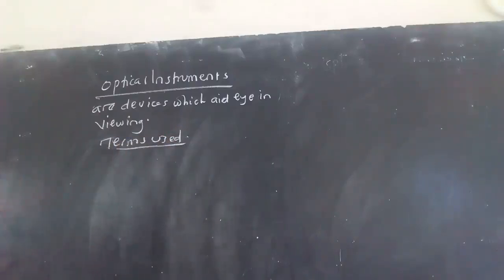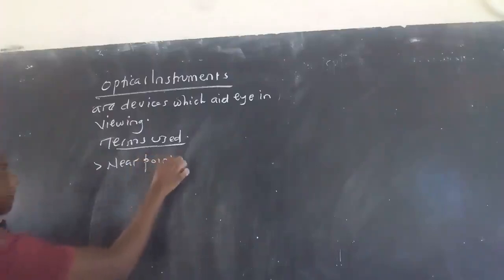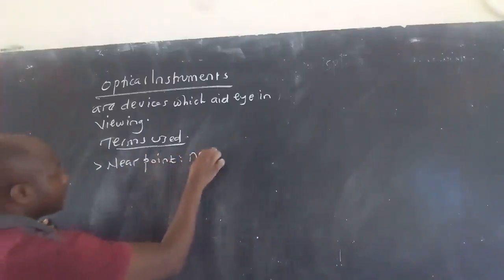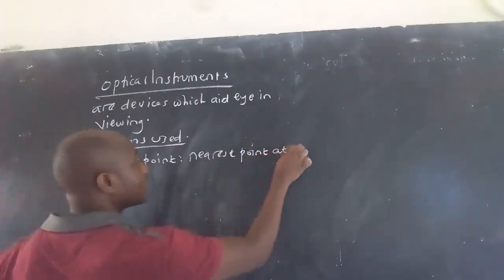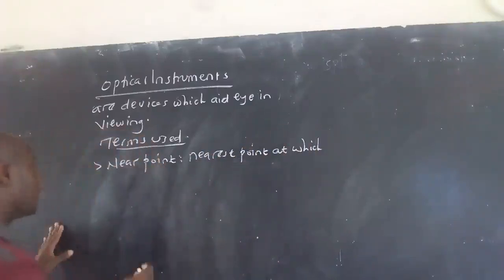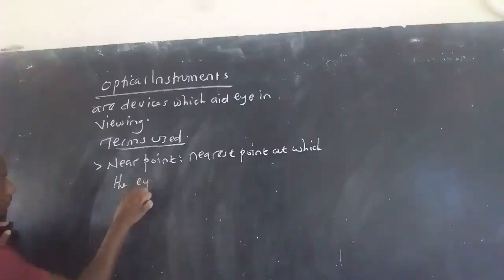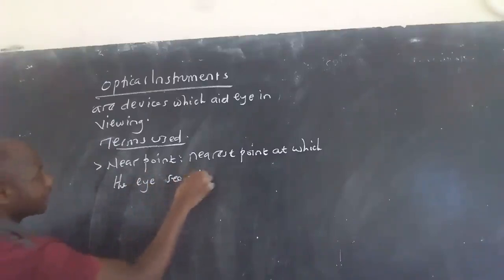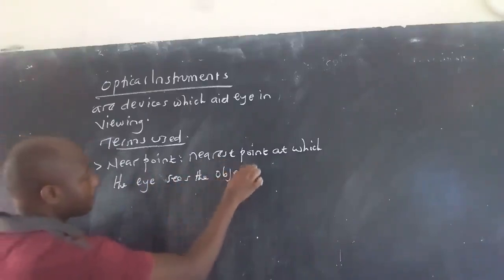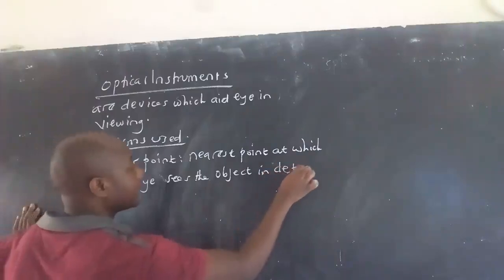Under the terms used, we shall start with the near point. The near point is the nearest point at which the eye sees or views an object in detail or clearly.